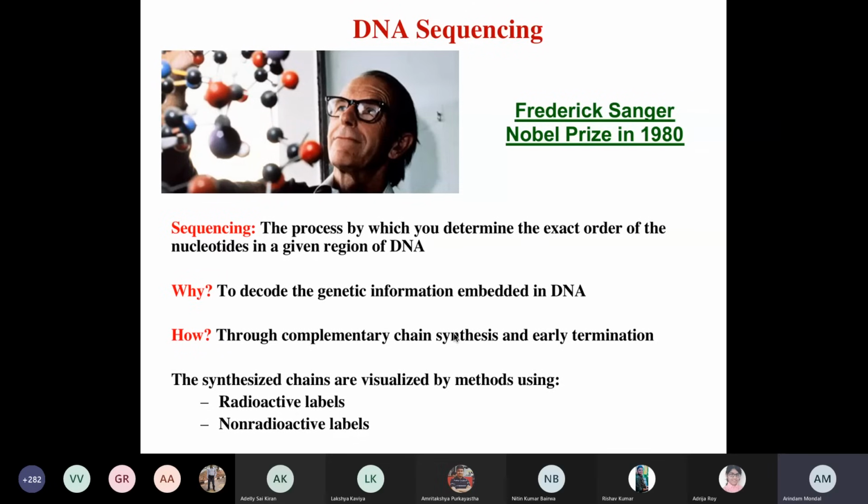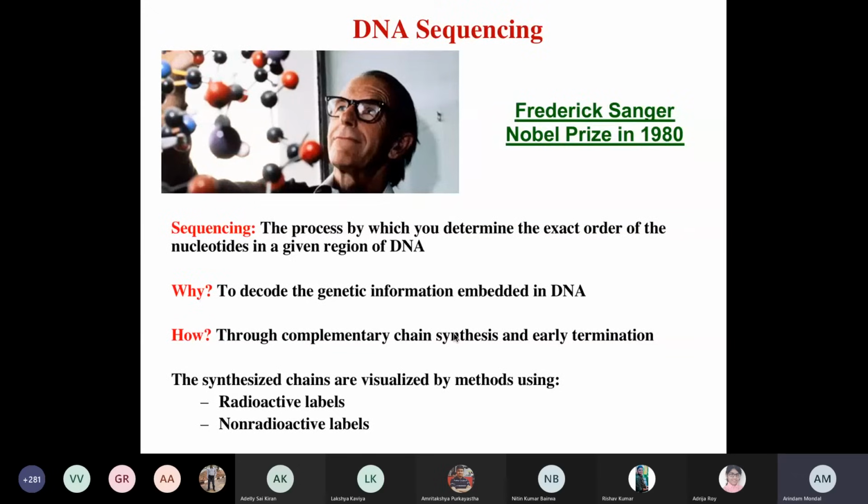So utilizing these 4 letters, it has incorporated a huge amount of information within the DNA. Now, if you can determine the sequence of the DNA, you should be able to understand the information which resides within the DNA. So that's why it is extremely important to analyze the sequence of the DNA.